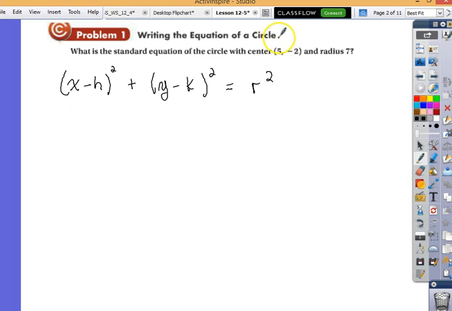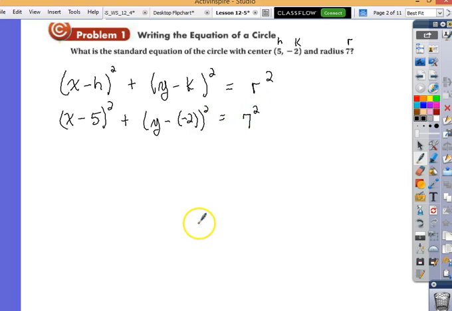So if the center represents h and k, and the radius is represented by r, what do you think you'd put in for this h right here? A 5. What are you going to put in for that k? Negative 2. And what are you going to put in for the r? 7.